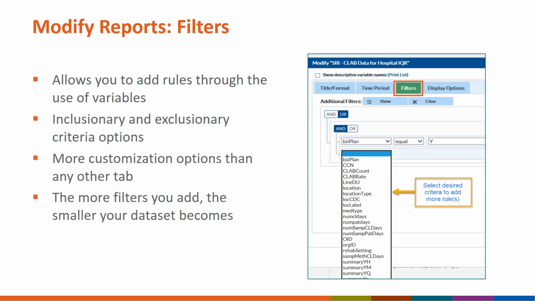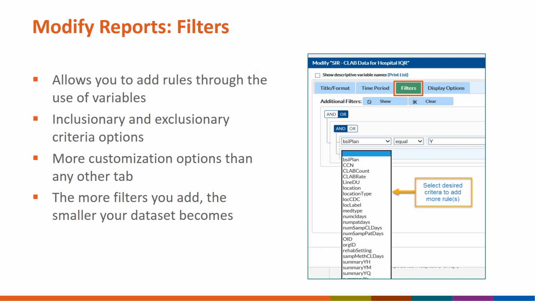The Filters tab gives you an opportunity to create additional rules for your output. This allows you to set inclusionary and exclusionary criteria for your output. For example, you may only be interested in looking at neonatal ICUs in your analysis, so you would filter this report by the variable location type.